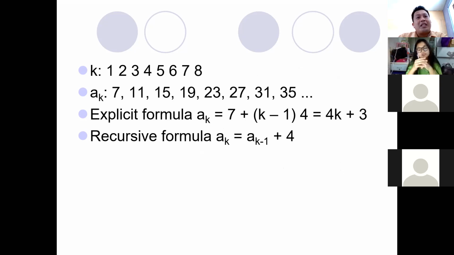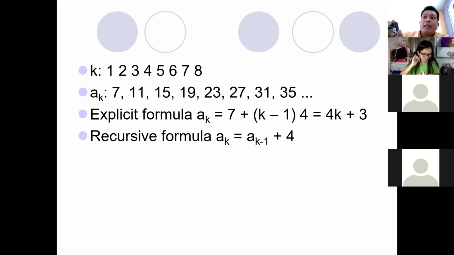The common difference there is 4, so you can determine the next number in the sequence. But if you see dot, dot, dot, and you're going to find the nth term, that is already the explicit formula or explicit notation. The terminologies may not be important, as long as you know how to determine the formula for the nth term, that's what matters most.